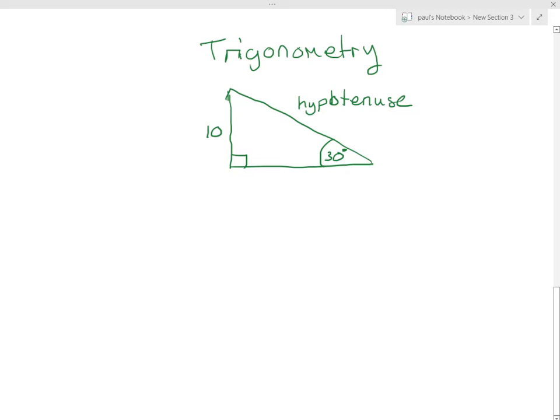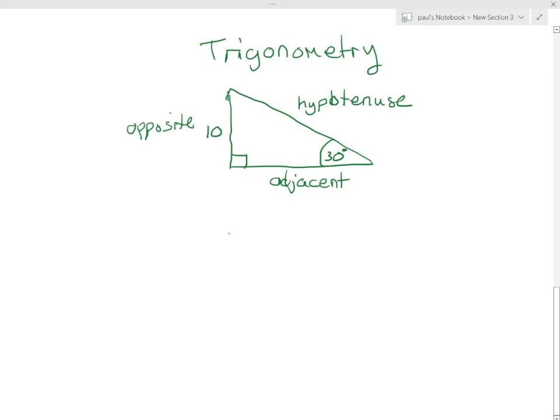Now, imagine you're standing in the triangle where the 30 degrees is and you look across the triangle. This side becomes the opposite. And this side, the third side, is the adjacent.